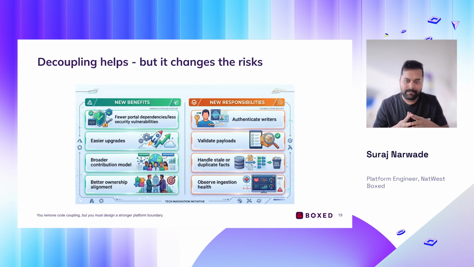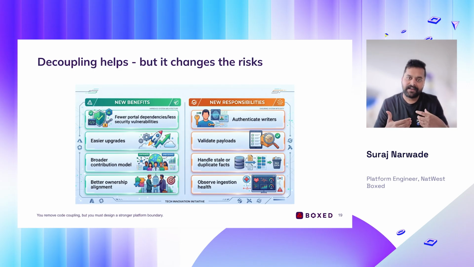Now, this decoupling, which we added with the API server and the factory, is not free, right? You trade one class of problem for another. You reduce the code coupling and the dependency sprawl, which is great. Personally for me, it was absolutely great because now my Snyk dashboard looks much better. But now you need well-designed ingestion boundaries. The fact API server we talk about, we need to be very strict about what we are accepting.